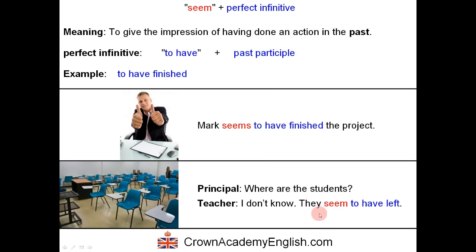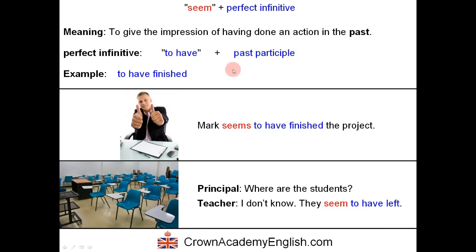So I have the impression in the present that they have left in the past. Okay? So maybe I'm right, maybe I'm wrong. Maybe they are just having a coffee next door. But they seem to have left because the room is empty.